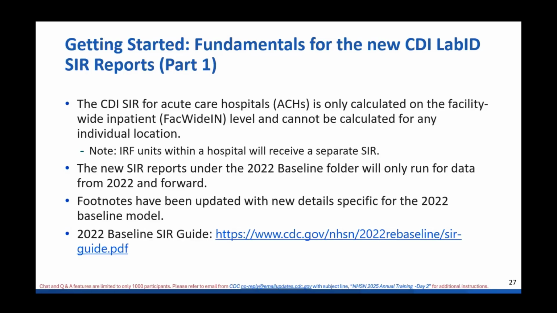However, CMS certified IRF units within a hospital will receive a separate SIR. The new SIR reports under the 2022 baseline folder will only run for data from 2022 and forward by default.